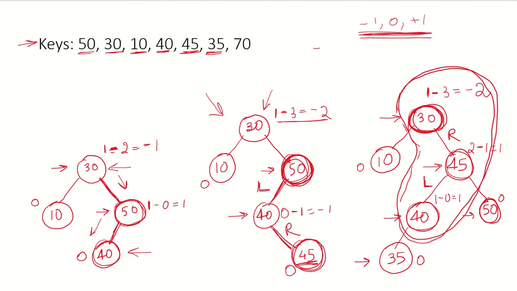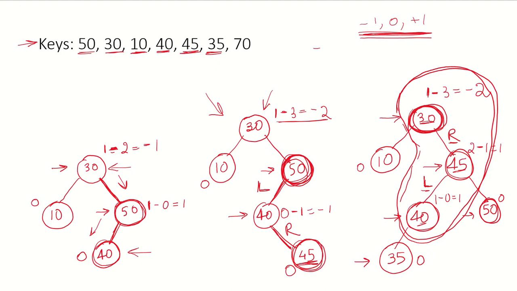Among 30, 40 and 45, the median value is 40. At the end of this rotation, we will have 40 in the center with 30 on one side and 45 on the other side. And how do we take care of an RL rotation? First we will do a right rotation and then we will do a left rotation.